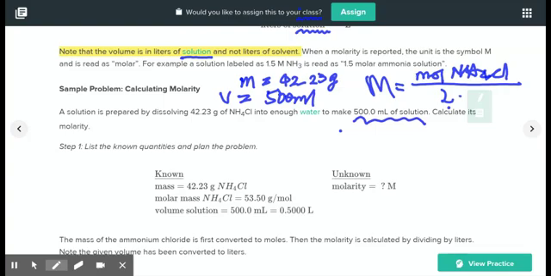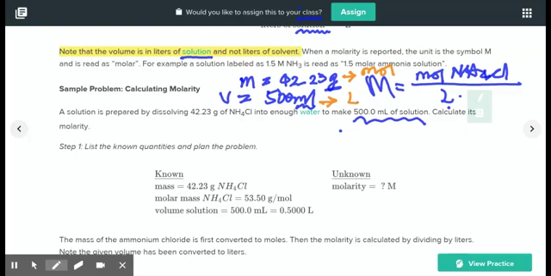We only have mass, which is in gram. Do we have liter here? No, we don't. We have milliliter. So if we can convert the mass to mole and convert milliliter to liter, we're set. You just have to plug in the numbers. So let's do it step by step.